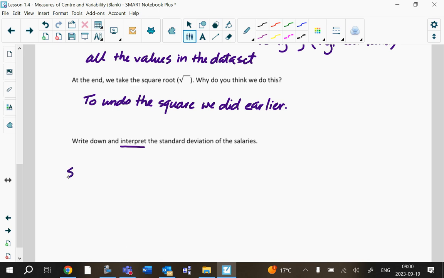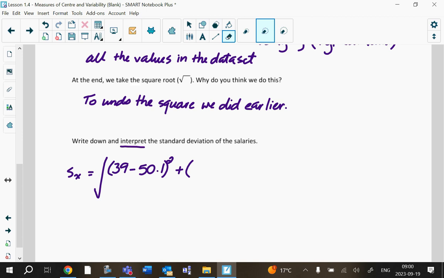We're going to take the square root, and it's a long calculation, right? Because we're going to have to take each of the 12 salaries, starting with the lowest, subtract the mean, and square it. And then we're going to have to do the next lowest. Sorry, that's 29, isn't it? Oh, no, 39. It was 39. It wasn't in order. 39 is right.